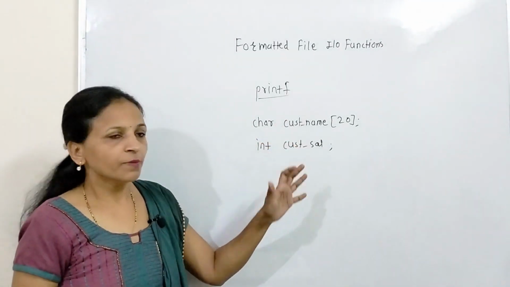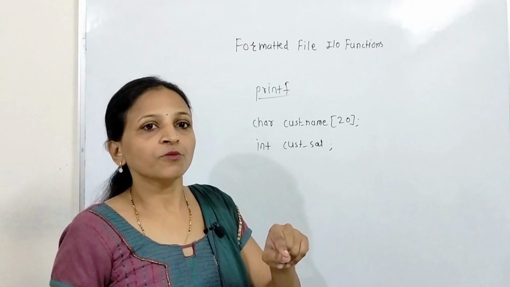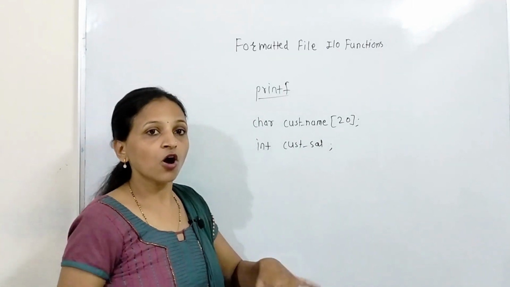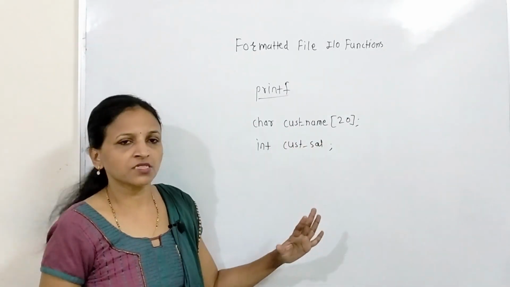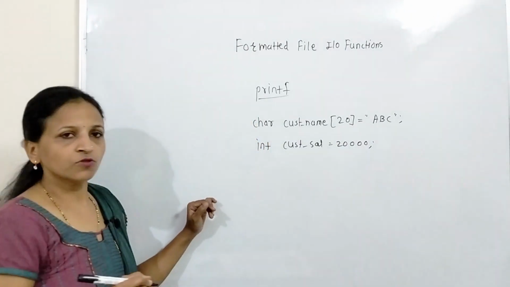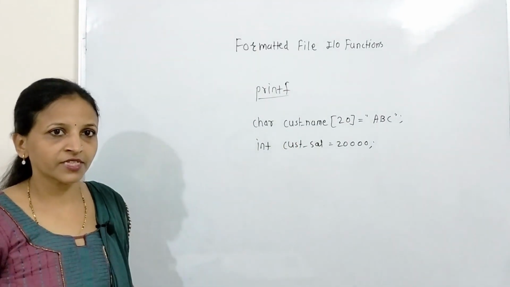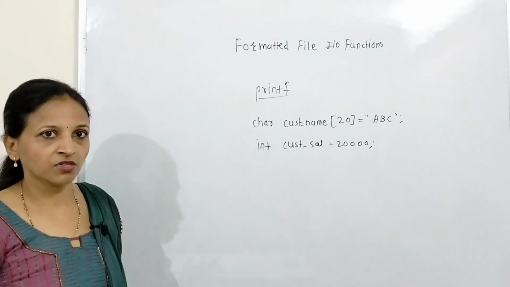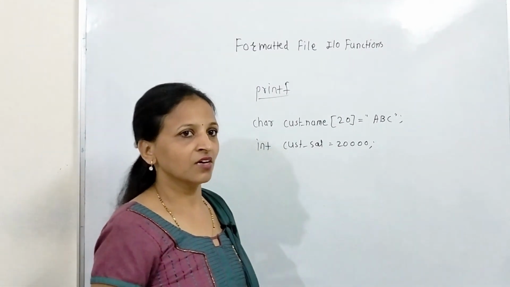Now we have declared two variables, customer name and customer salary. We have to accept them from the user first, or we can assign values to customer name and customer salary. Okay, we have assigned those values here. If I want to display this information onto the output screen, then we can use the printf function. Already you know everything about printf.